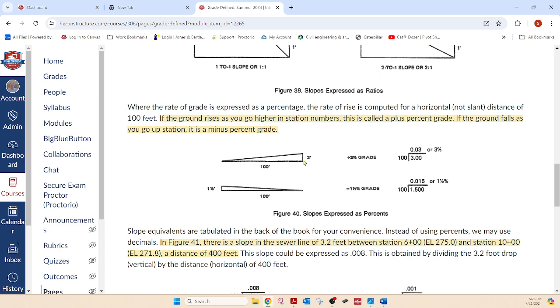I took the vertical, which is the little rise right here, and I divided it by 100, and that equals 0.03. Multiply that times 100, and you get 3%. I don't really go back and forth like that so much when I'm working these, which we'll work a few of here in a minute. So that's great.